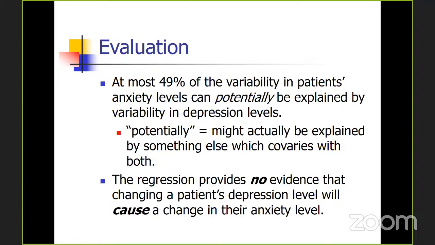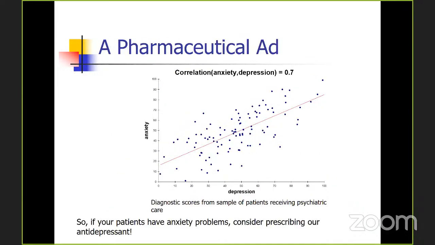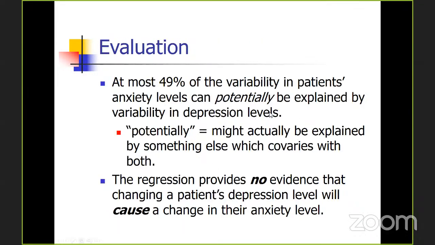The thing about any particular correlation is there's going to be some amount of variability. In this particular one, there's a 49% variability in the patient's anxiety level with depression. So there's some potential possibility that these things have a relationship, but there's no evidence that one causes the other.